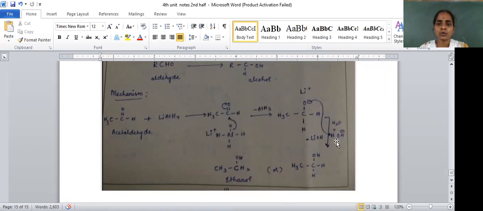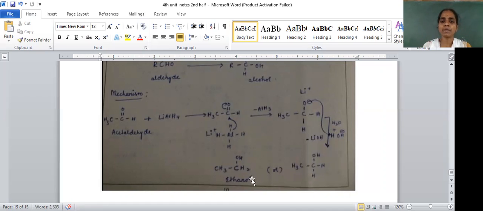Again, in the presence of a water molecule, O negative abstracts the proton, and lithium is removed as lithium hydroxide. So CH3OH: O negative abstracts the proton to give OH, and C plus forms a bond with the hydrogen atom. The alcohol forming is again a primary alcohol, where only one R group is there.